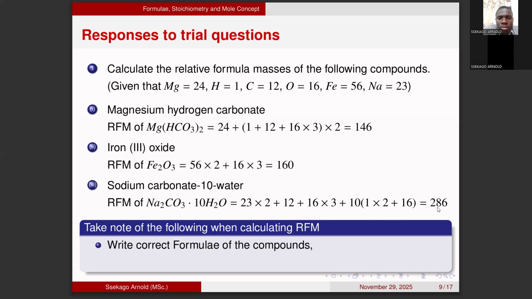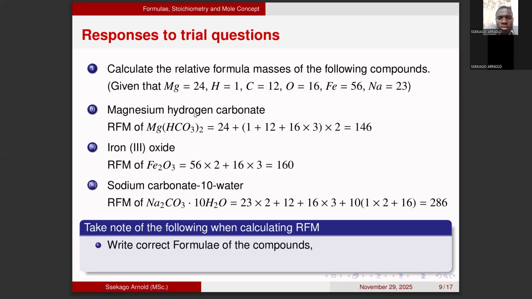You need to know the symbolic representation of elements that make up the periodic table, or elements that make up a particular compound. Like here, we wanted to calculate RFM of magnesium hydrogen carbonate. You must know how magnesium hydrogen carbonate looks like, and to know that, you must know the symbolic representations of the things that make up magnesium hydrogen carbonate.